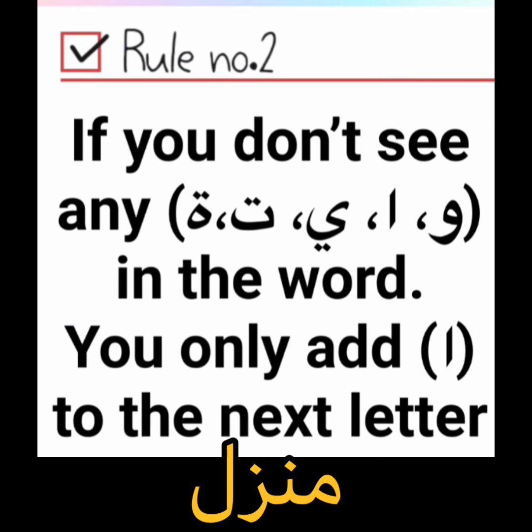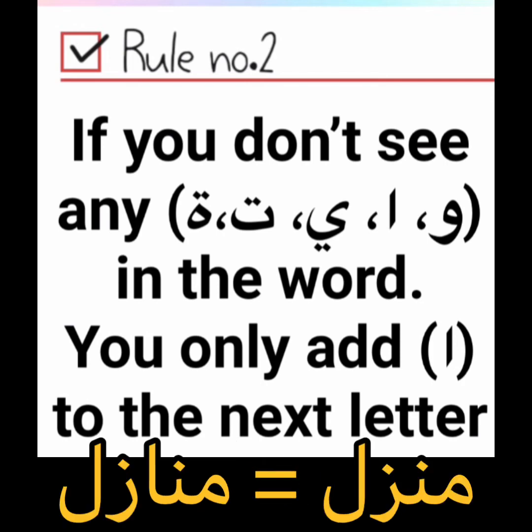No. Do we see تاء مربوطة? No. Meaning that this rule can't be applied into this word. So what do we do when we don't see any of these letters? You only add ألف to the next letter, which means we can add an ألف to the second letter, which is منزل, making it منازل.